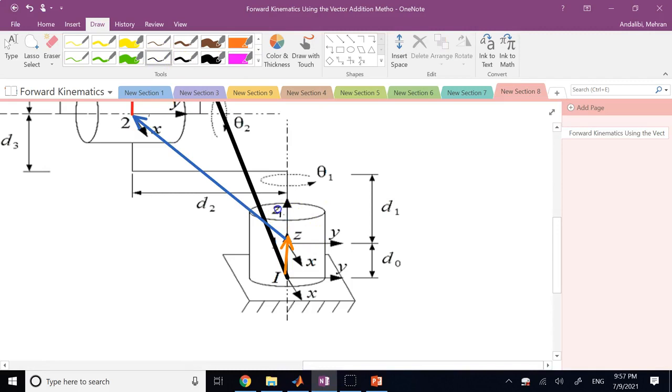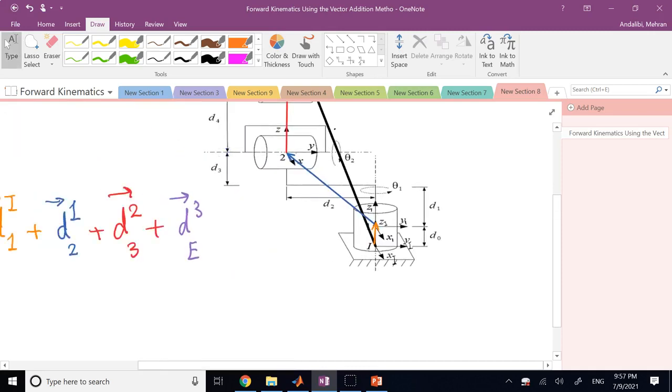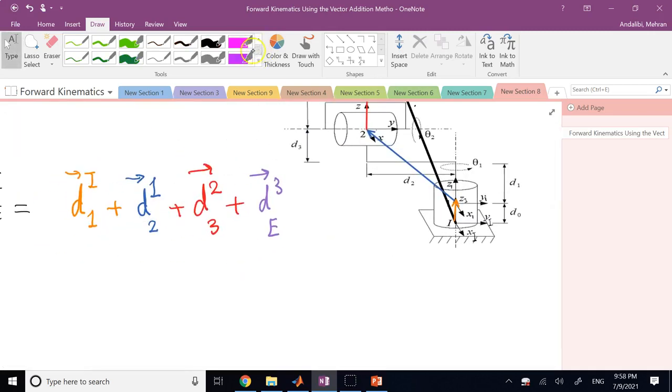So this is z1, this is y1, this is x1, this is xi, this is yi, this guy is zi. So along the zi, I'm moving a distance of what? d0. So I can write it down here, and I can say that this is equal to a distance of d0 in the direction of unit vector zi.